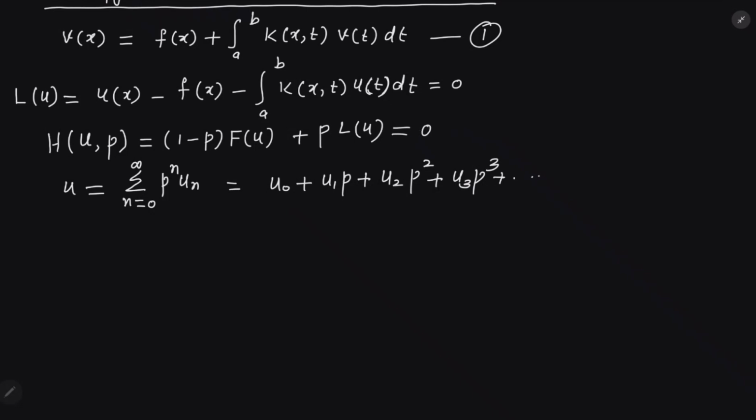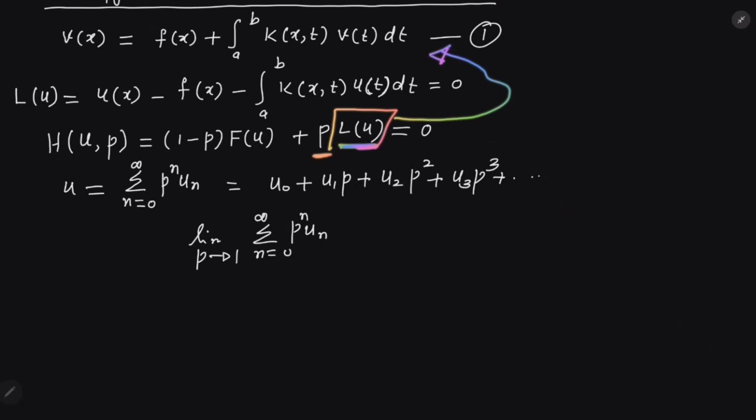After getting u0, u1, and the other values, we apply the limit as p approaches 1, since we know that at p equal to 1 we have the solution of our original equation. As we saw, when p is equal to 1 we only get L(u), and this L(u) corresponds to our integral equation. So we get the solution v(x). So this is the theory.